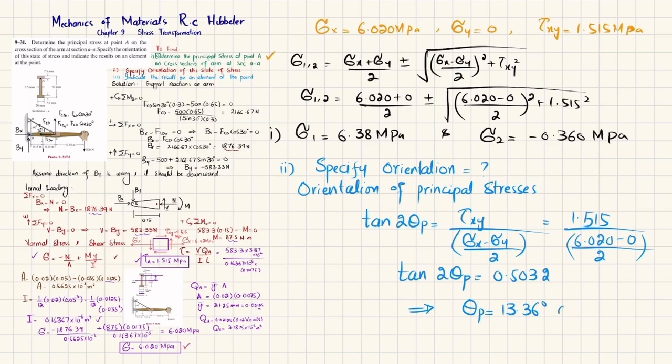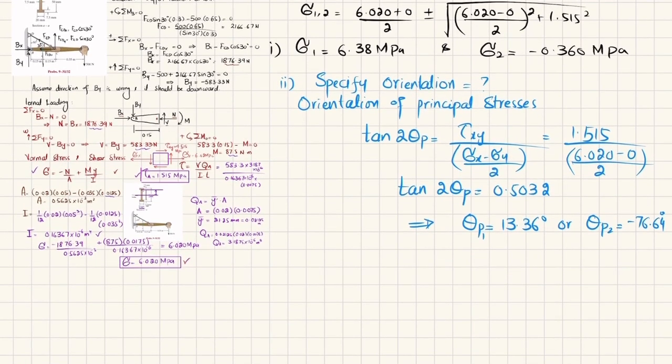And when you solve this for theta p, you will get theta p1 will be equal to 13.36 degree, and theta p2 will be equal to minus 76.64 degree. So we will now specify these principal stresses on the element. Let me show you. This was the original element having normal stress sigma x in this direction.